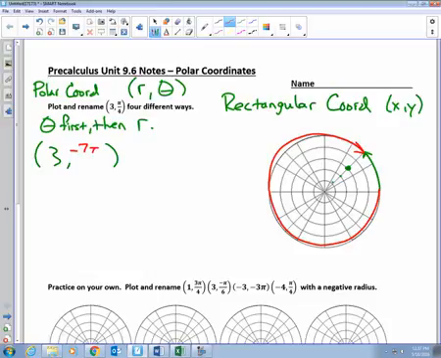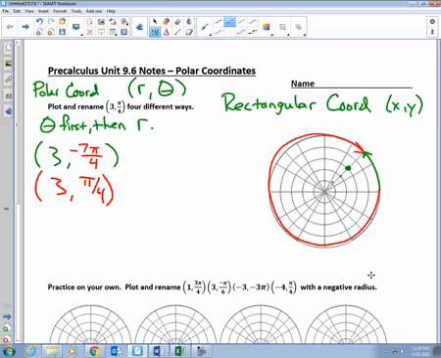Negative 7 pi over 4. You can see that this coordinate is written as 3, negative 7 pi over 4, and as 3, pi over 4. Those coordinates are the same.